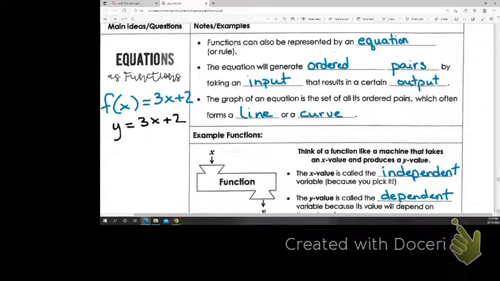So we have talked about x and y, and just as a little refresher, x is the domain and y is the range. We can also say that the x's are inputs and the y's are outputs.